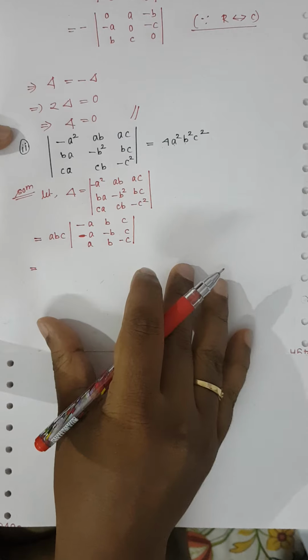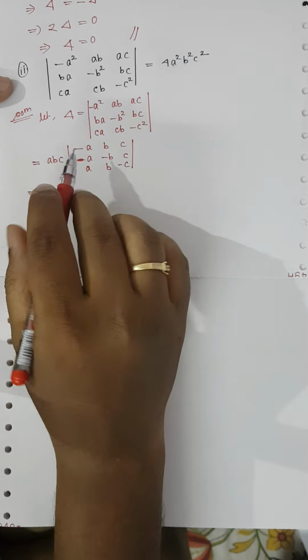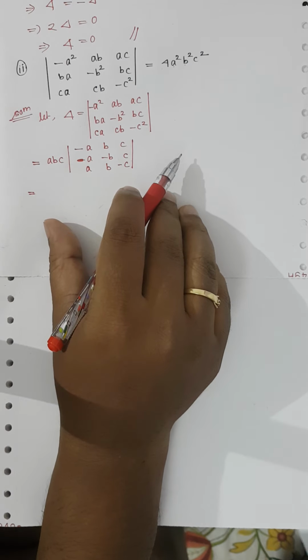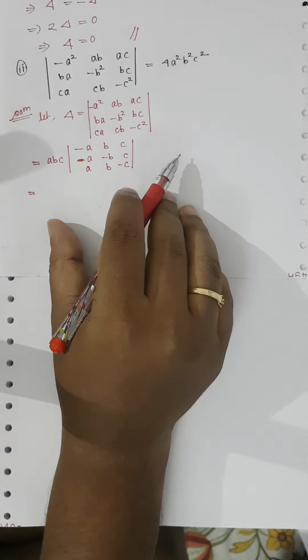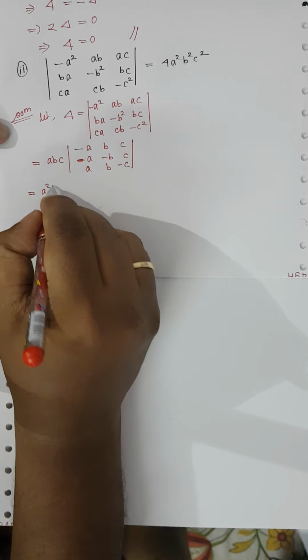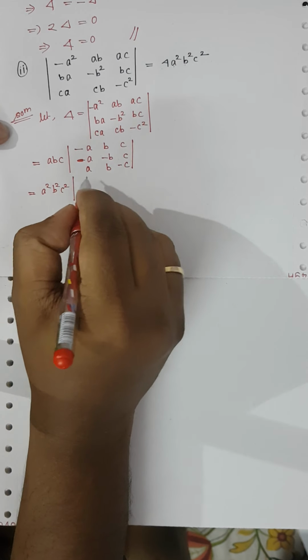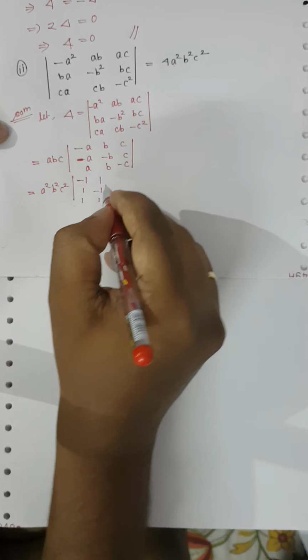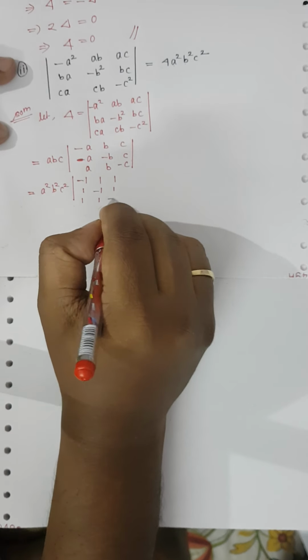Now again from column 1, column 2 and column 3 I can take common the constants a, b and c. So it becomes a square b square c square into the determinant minus 1, 1, 1; 1, minus 1, 1; 1, 1, minus 1.